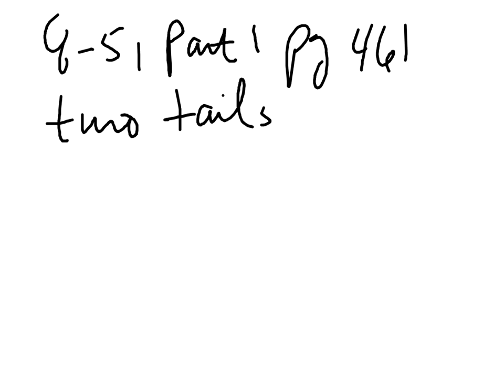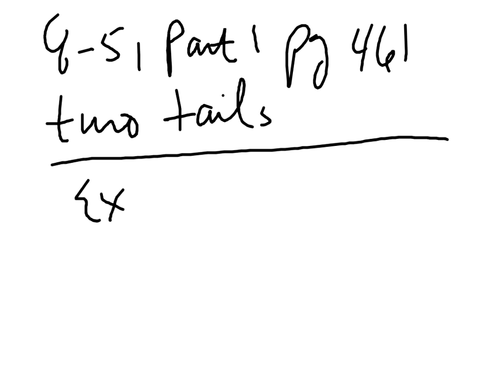And we already know how to do the two-tails, but we'll go ahead and review it again just to make sure. So I'm about 2/3 of the way down on page 461, and I'm just looking at example 8-21. It just asked us to find the critical chi-squared value, 15 degrees of freedom.